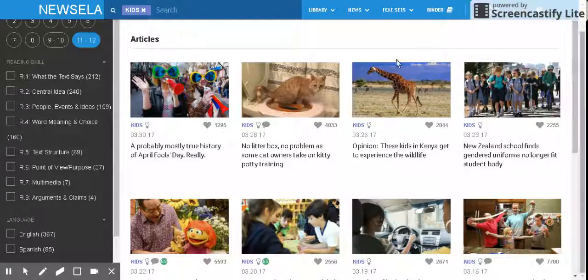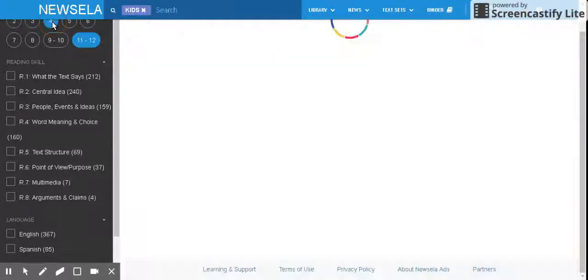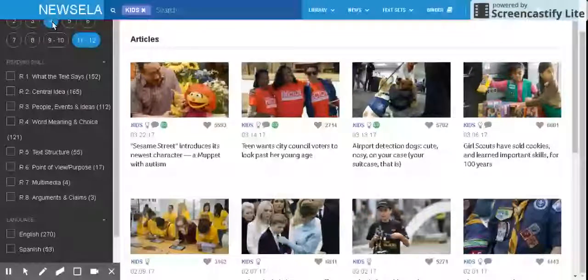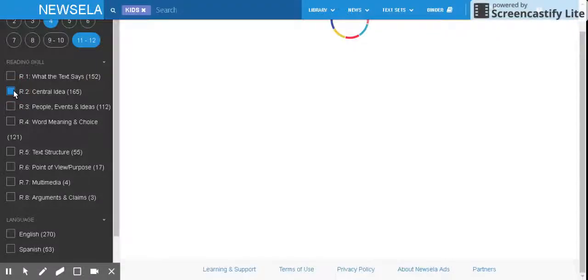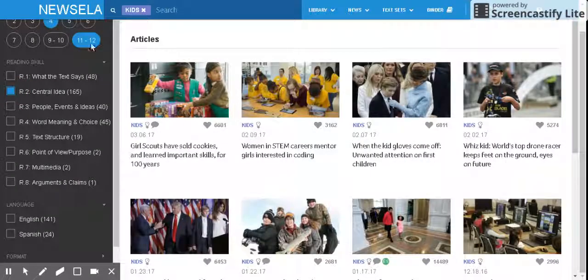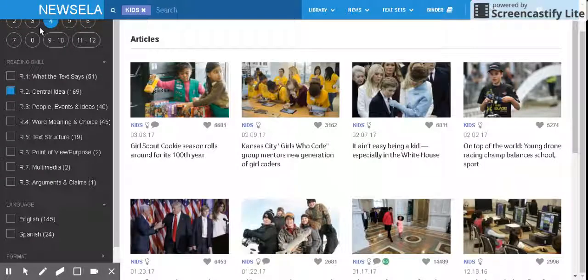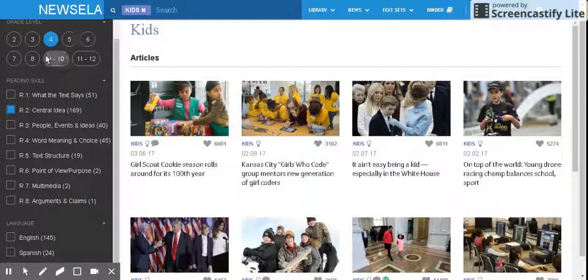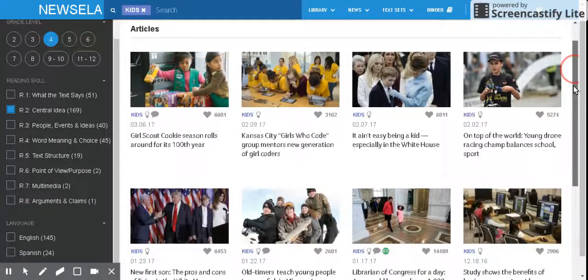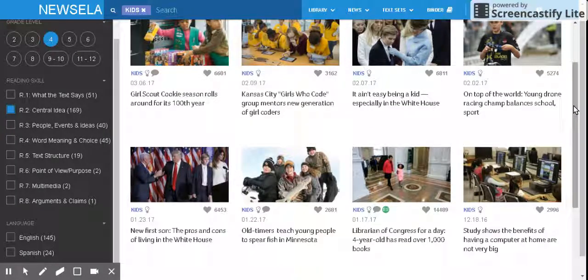Let's say I wanted to go into maybe a 4th grade. I'm going to click on 4th grade up here, and maybe I'm going to click on central idea because I'm working with central ideas with my 4th graders. I'm going to click off my 11th and 12th graders. So I have 4th graders highlighted here, and I also have central idea highlighted. So all of these articles in the kids topics are generally appropriate for 4th graders.